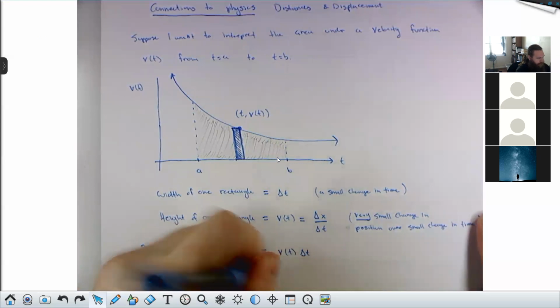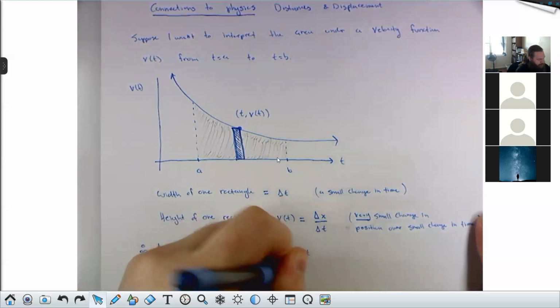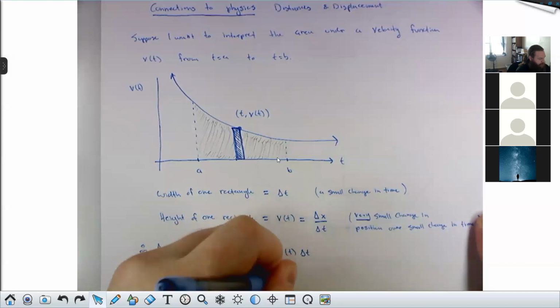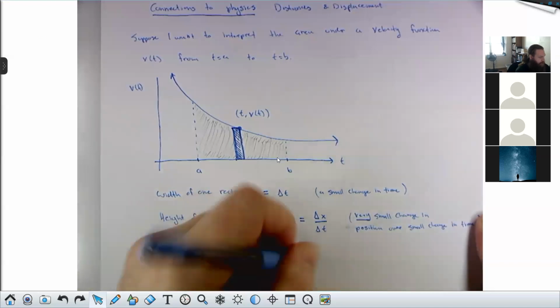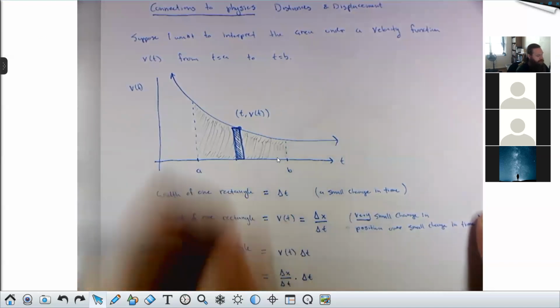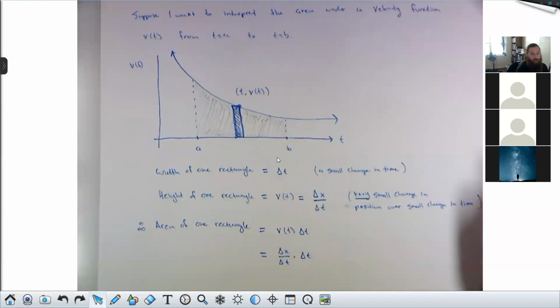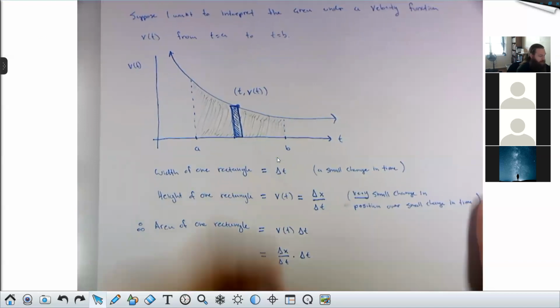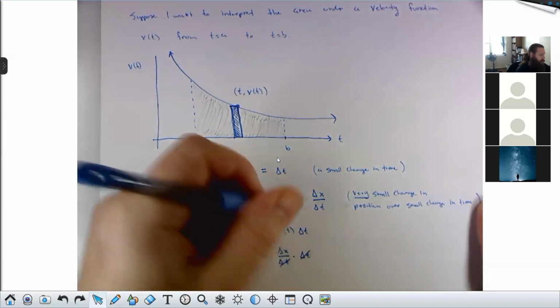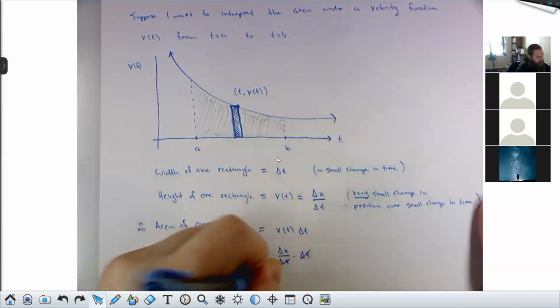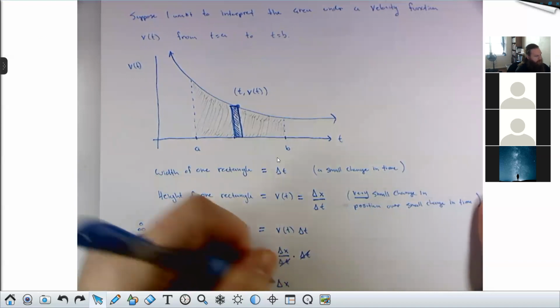And according to the discussion above, this would be delta x over delta t times delta t. The delta t's cancel, giving me just delta x.